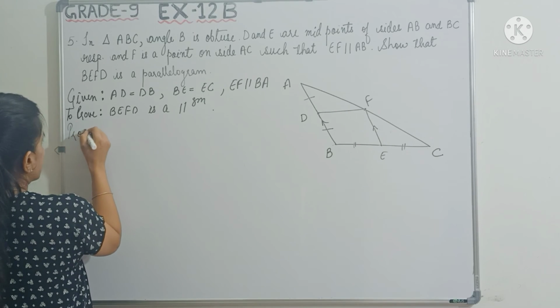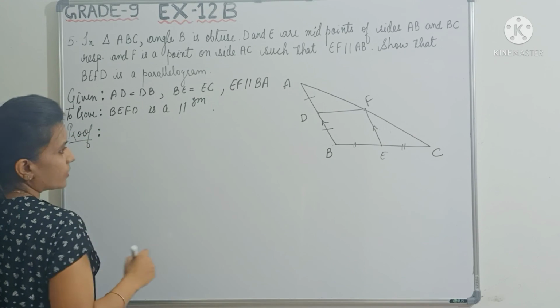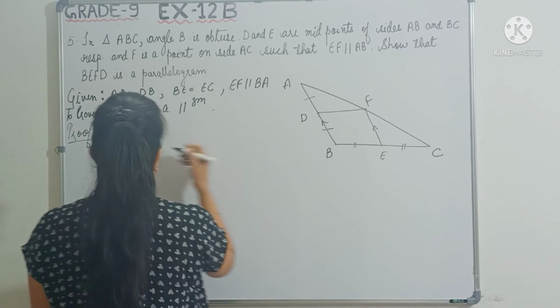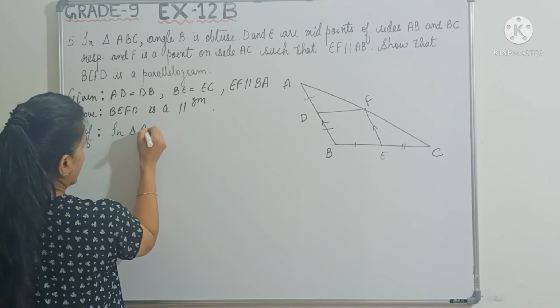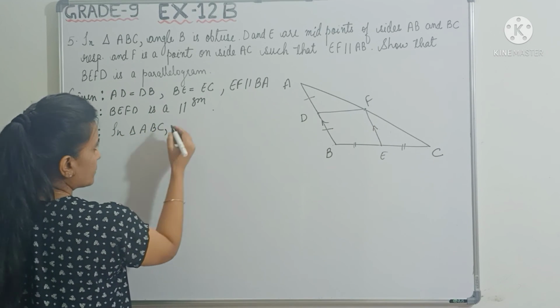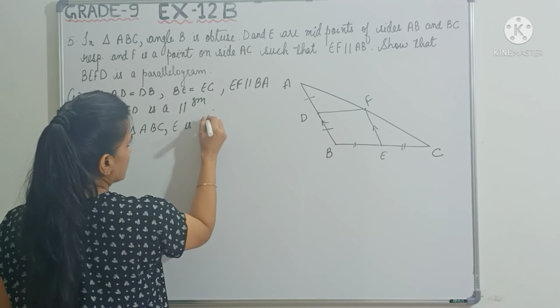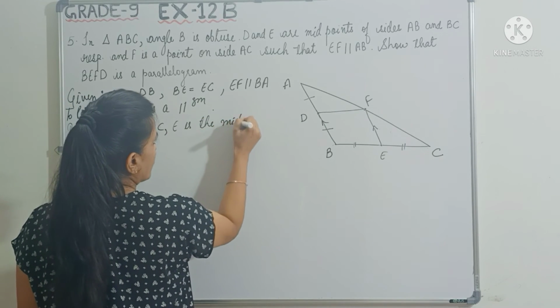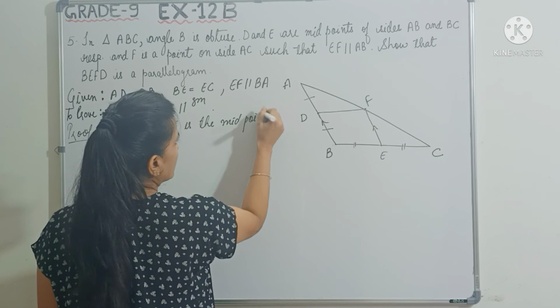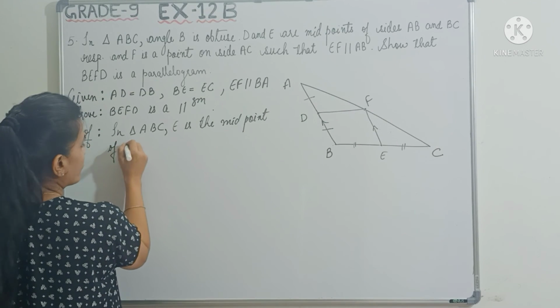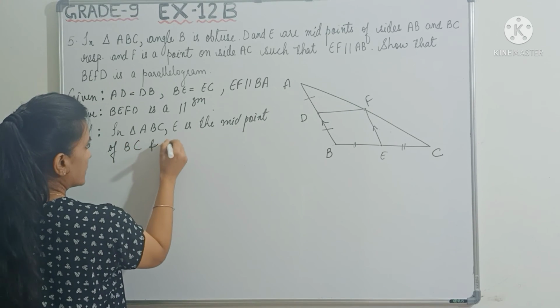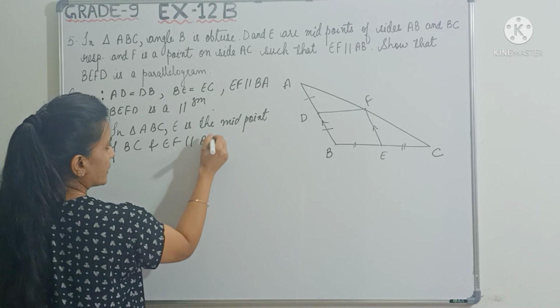So the proof is, see, first you will take triangle ABC. So in triangle ABC, what do you observe? E is the midpoint of BC and EF is parallel to BA, right?